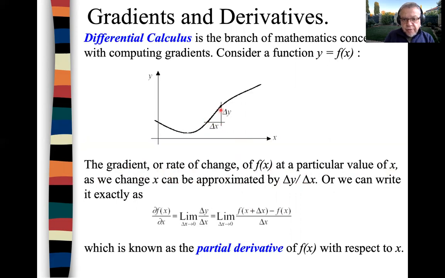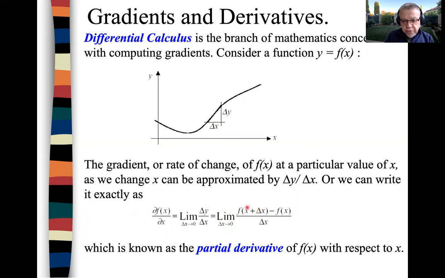or we can write it exactly or formally as the partial derivative of f with respect to x, which is the limit, when delta x goes to 0, of the function f of x plus delta x minus f of x, divided by delta x.